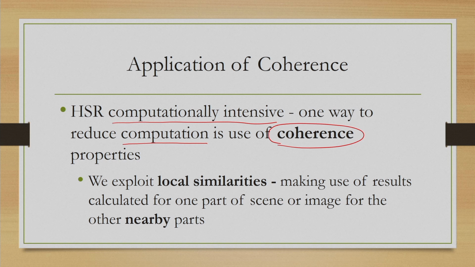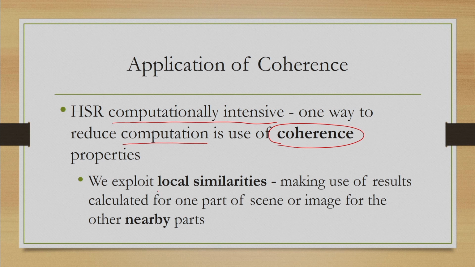Now, these properties are essentially related to some similarities between images or parts of the images, and if we perform computation for one part, then due to these properties we can apply the results on other parts, and that is how we reduce computation.